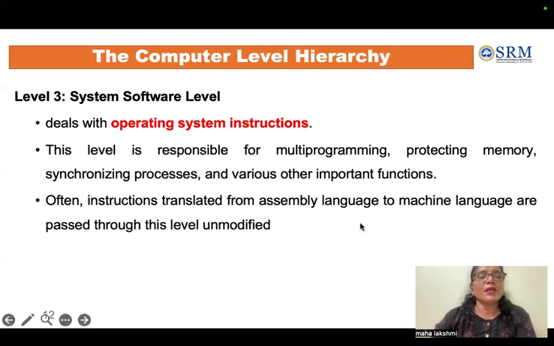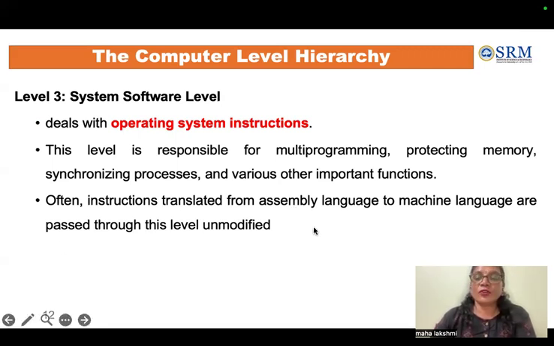Next, going bottom up, above level 3 is the system software level. These system softwares are used for making sure that all the programs are executed successfully by the computers, both by the hardware and by the user programs. Some of the system level programs are operating system instructions.